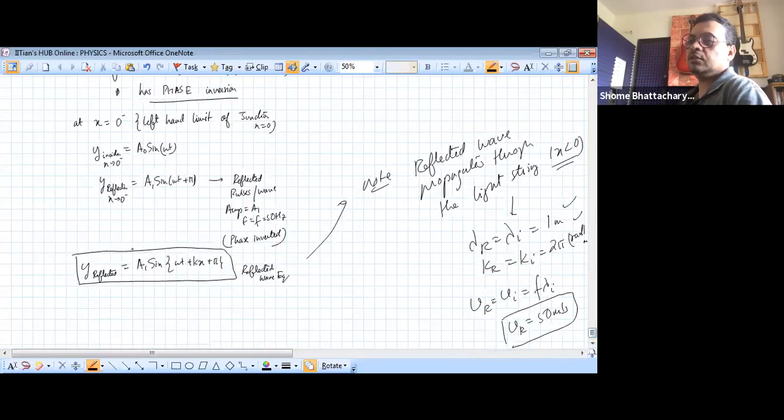So this will become the equation of the reflected wave, where if you put the limit x tending to 0 minus, obviously you get this equation. So that's the reason why the amplitude is different, because the power of the incident wave is not just equal to the power of the reflected wave. It is distributed between the transmitted wave and the reflected wave. That's why they will have different amplitudes.